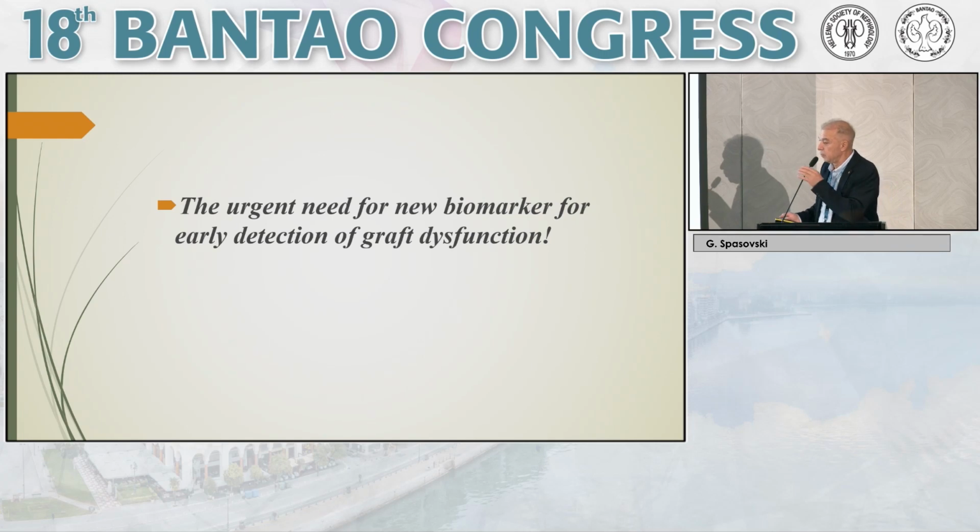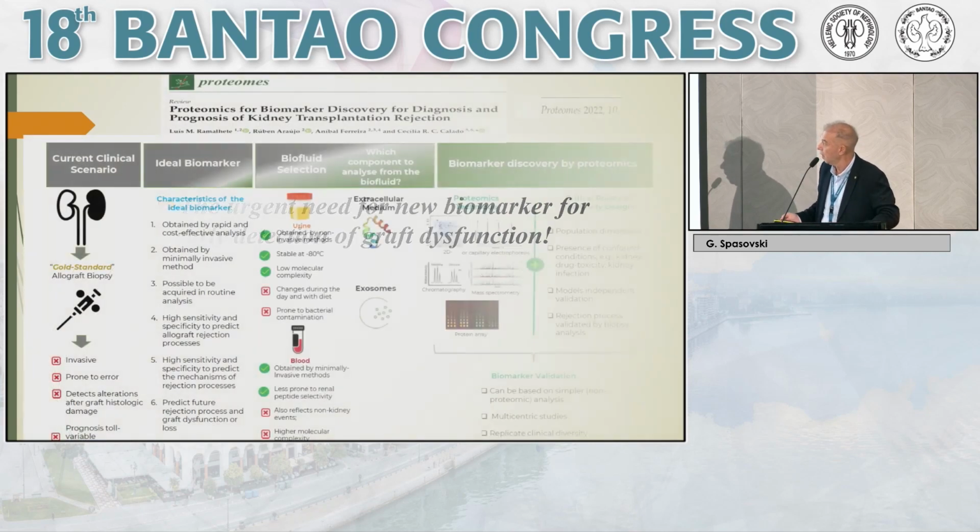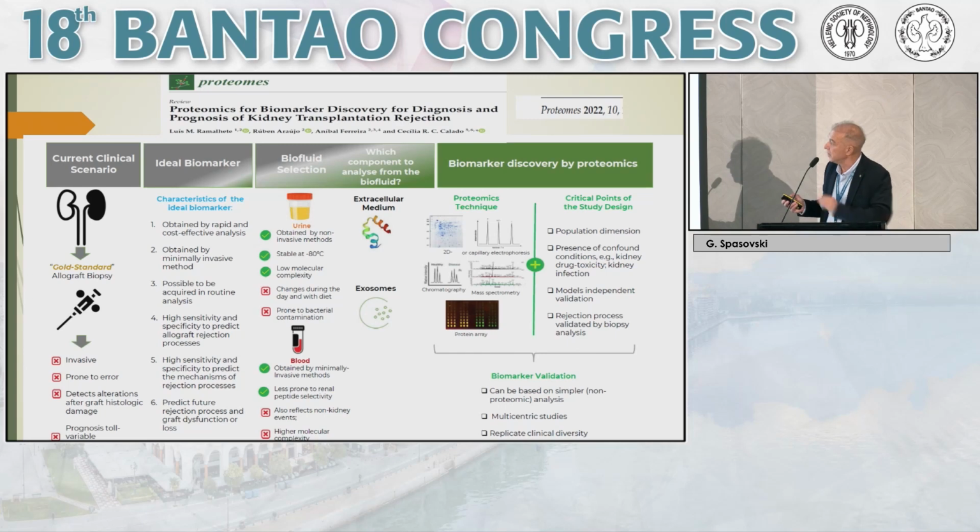What is it that we think is urgently needed? That is new biomarkers for early detection of graft dysfunction. And you see what the current clinical scenario is.